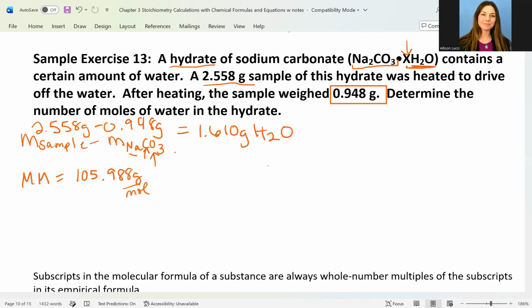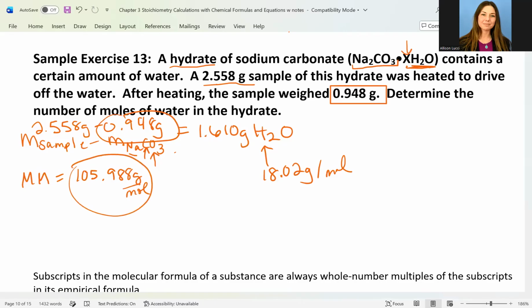And for water, we have two hydrogens, so 2.02 plus 16 gives us 18.02 for the molar mass for water. So now we can find out how many moles we have of our sodium carbonate by dividing this value here by this value here.